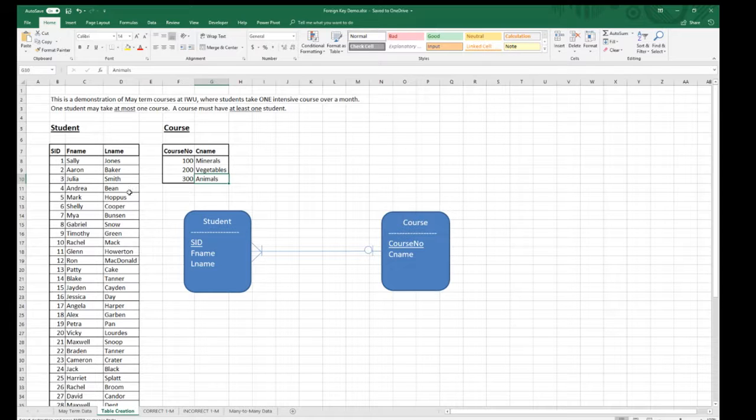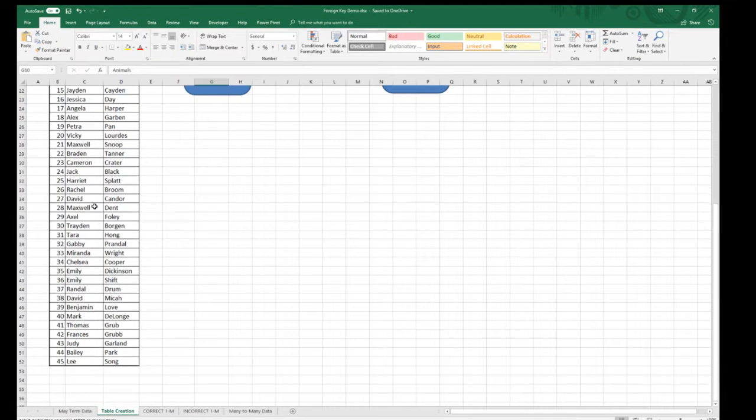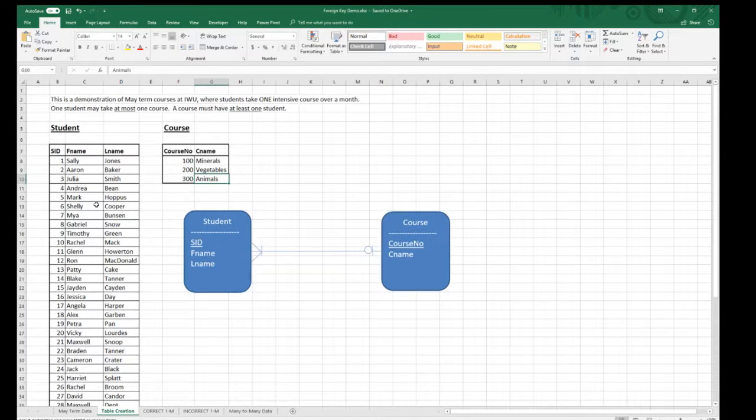It's the same situation, but here I have just a table with all 45 students. And then I have the three courses that those students can be enrolled in. And here you can see the ERD. I'll do the demonstration again.